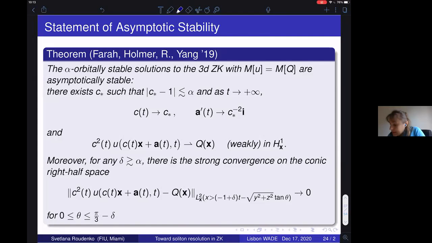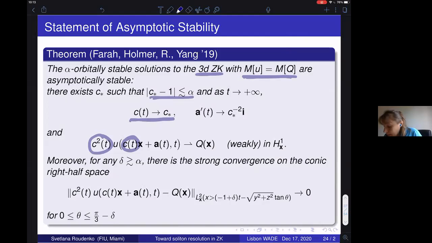And the theorem says that, okay, for normalization purposes, we can take M of u equal to M of Q, but of course we can renormalize if needed. So we take the solution of the 3D ZK, and we say that they are asymptotically stable, meaning the parameter c of t converges to c star, which is really close to 1.